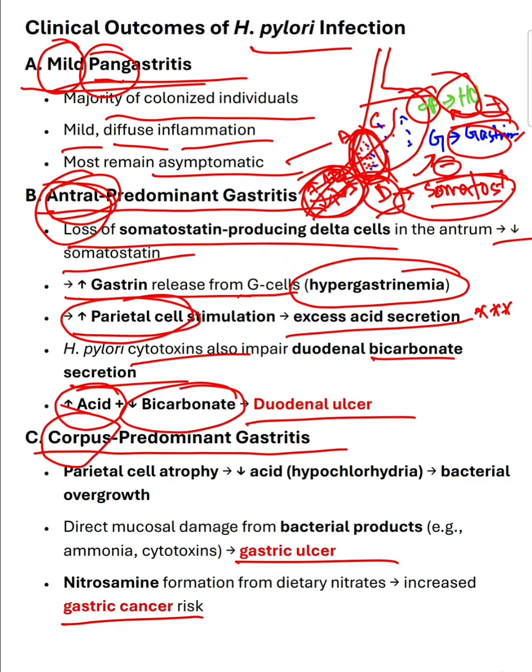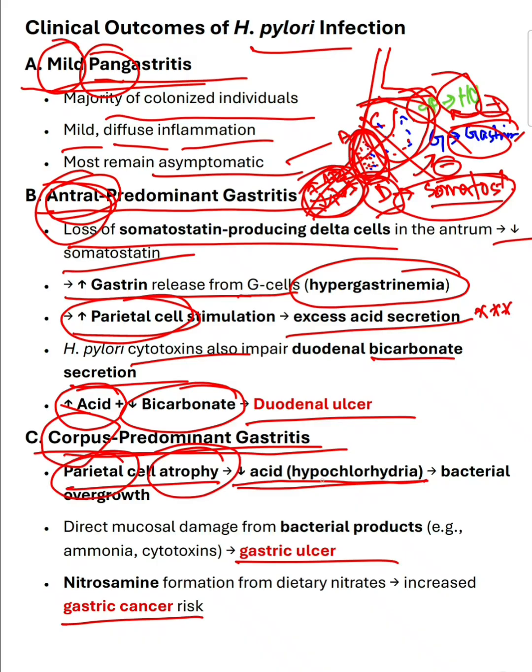But if the infection is in the corpus, that is the corpus-predominant gastritis, then what happens? The parietal cells in the body become atrophic. So we lose them, and then we know that parietal cells secrete acid, so there is decreased acid, so hypochlorhydria. And the acidity in the stomach can kill unnecessary bacteria from there.